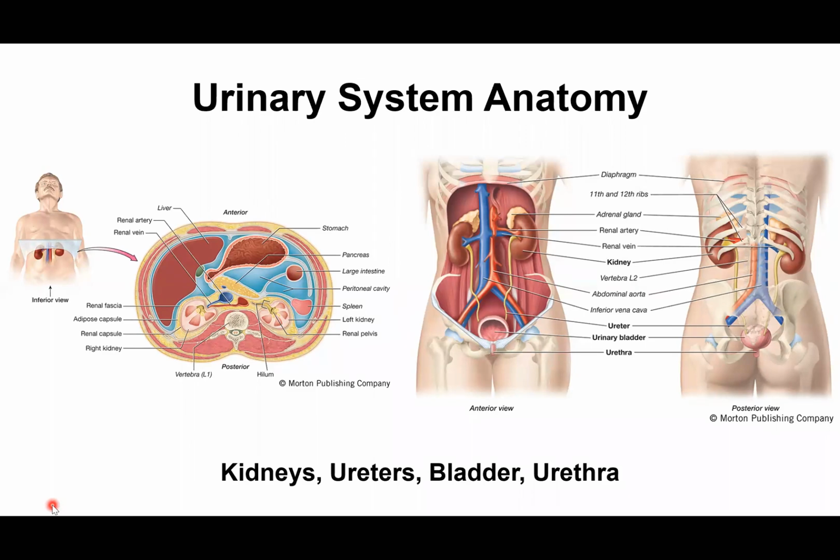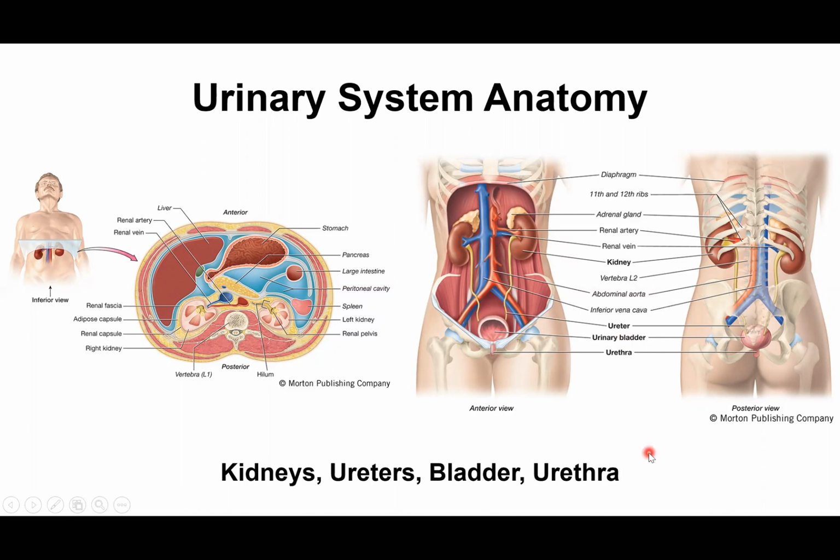The urinary system is composed of the kidneys and the urinary tract. And when I say urinary tract, I am referring to the ureters, which you see here in yellow, the urinary bladder, and the urethra.